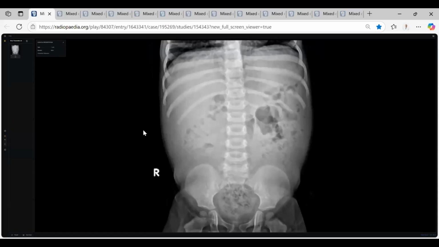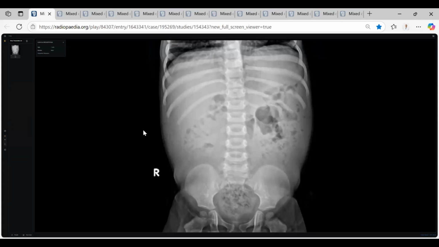No abnormal air seen to denote pneumoperitoneum. But I can see there is air in the bowel wall seen in the left lower quadrant.